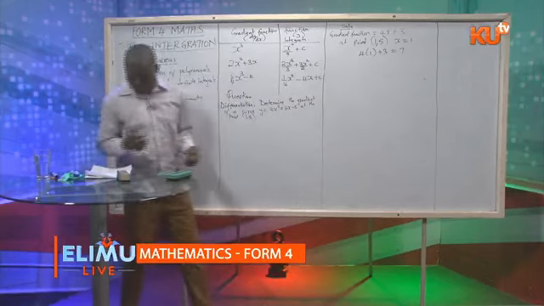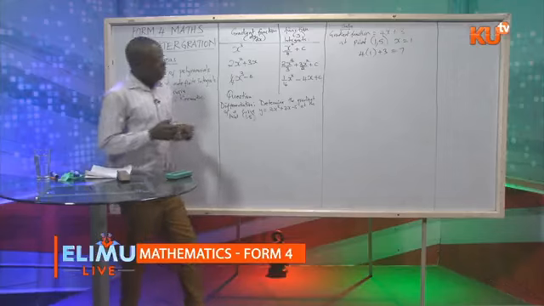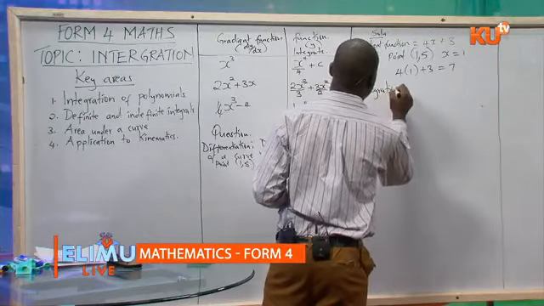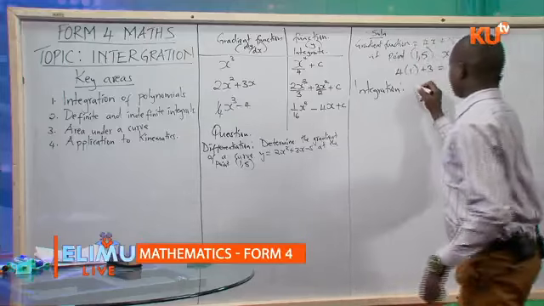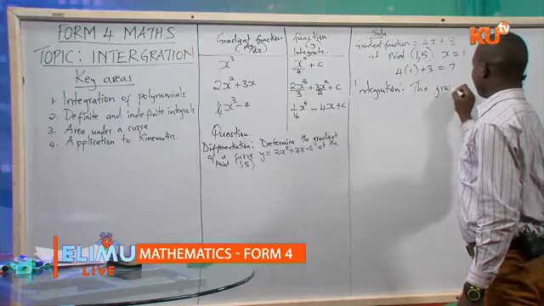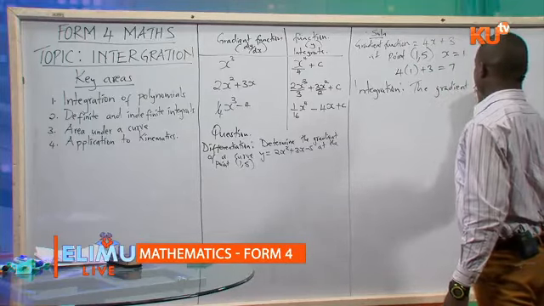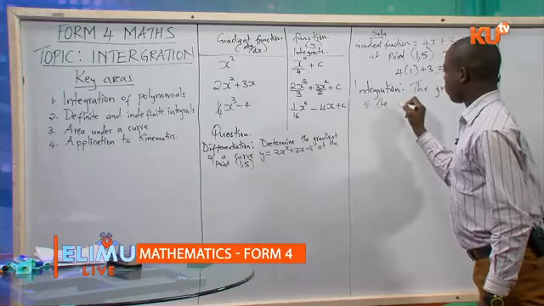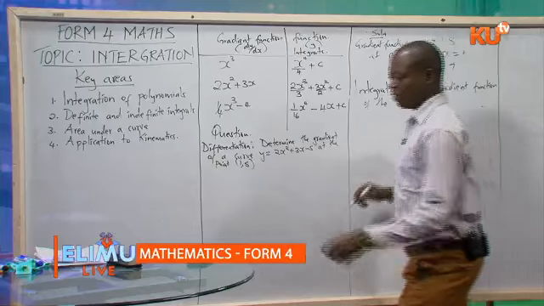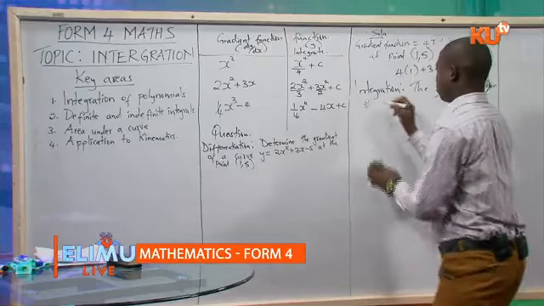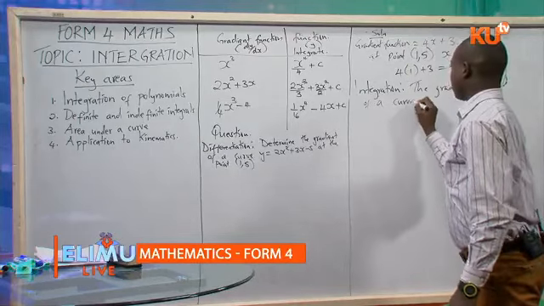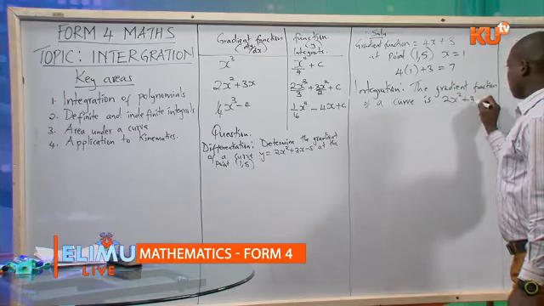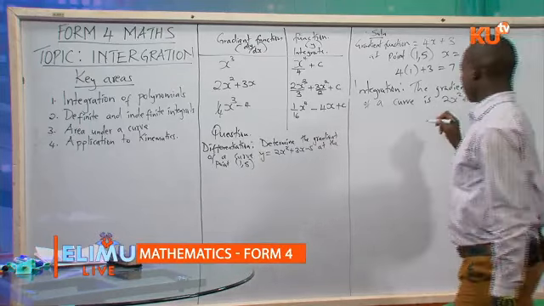So if you work out this case, you are told now in integration, for the same case, the gradient function of a curve is 2x squared plus 3x minus 5.